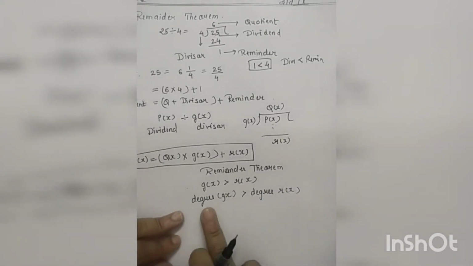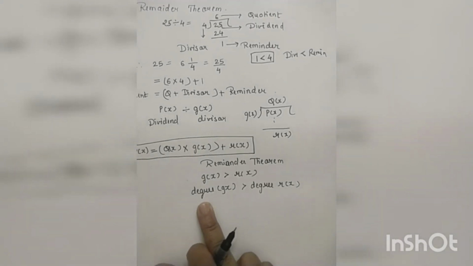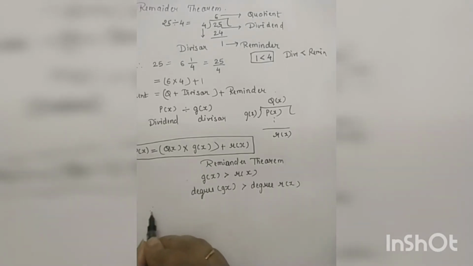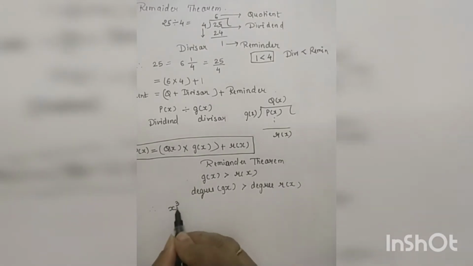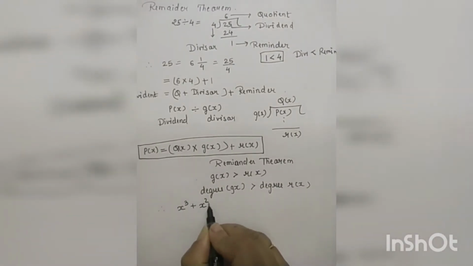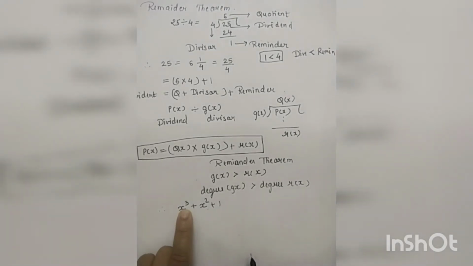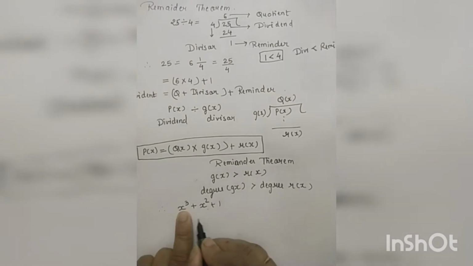All of you know the degree. If you don't know it, go and see my video on exercise 2.1, where we discussed what degree means. Still I will explain. If the expression is x to the power 3 plus x to the power 2 plus 1, the highest power here is 3, so we call 3 the degree.